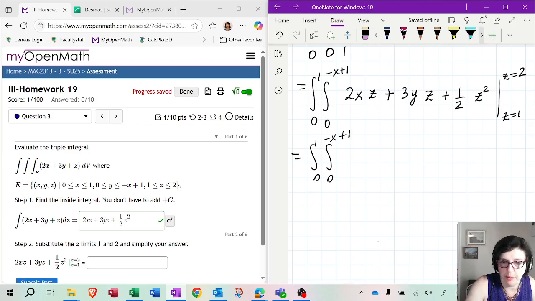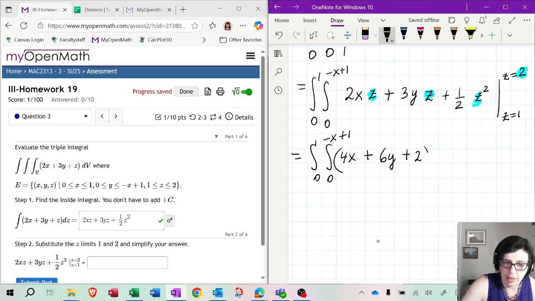So your top limit is 2, right? z equals 2. So you substitute it here, here, and here. Okay, so that makes it 2x multiplied by 2, that's 4x, plus 3y multiplied by 2, that's 6y, plus 1/2 times 2 squared. So that's 2.